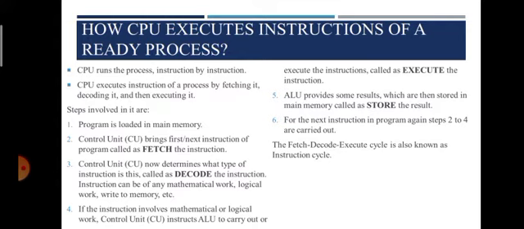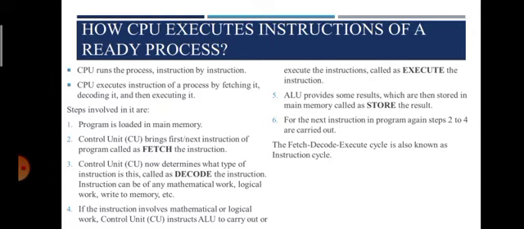Next, if the instruction involves mathematical or logical work, the control unit instructs the ALU to carry out or execute the instruction. In the fourth step, if the decoded instruction is mathematical or logical, it is forwarded to the ALU, the arithmetic logic unit, which executes the instructions.